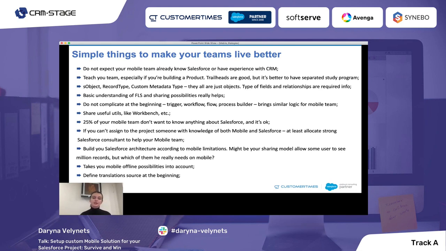So if it will be translated via custom label, or it will be translated in mobile code, define it in the beginning and discuss it with the mobile team, right? From where they should take this translation. They don't think, maybe they do, but in many cases they don't think that they should take it from Salesforce. They will put this translation locally.